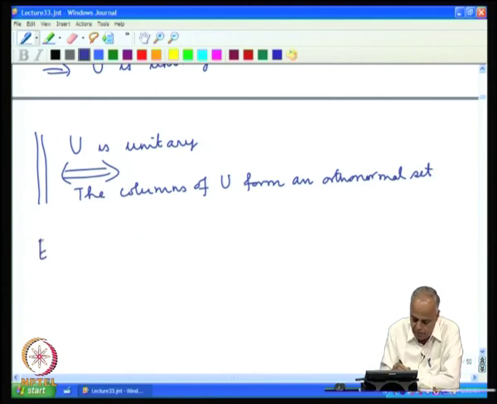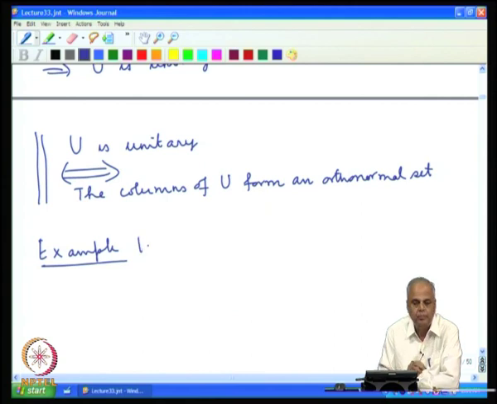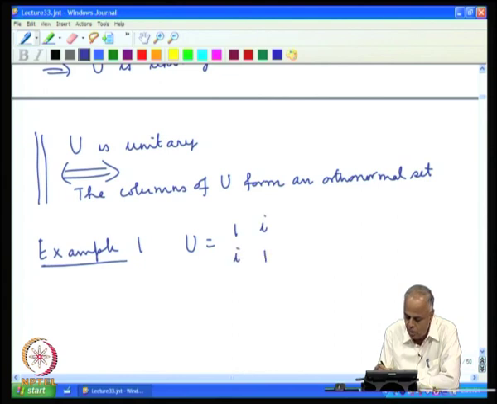So, let us look at some examples before we see the real version. Let us take the matrix U to be 1 I, I 1. Then the columns are 1 I and I 1.